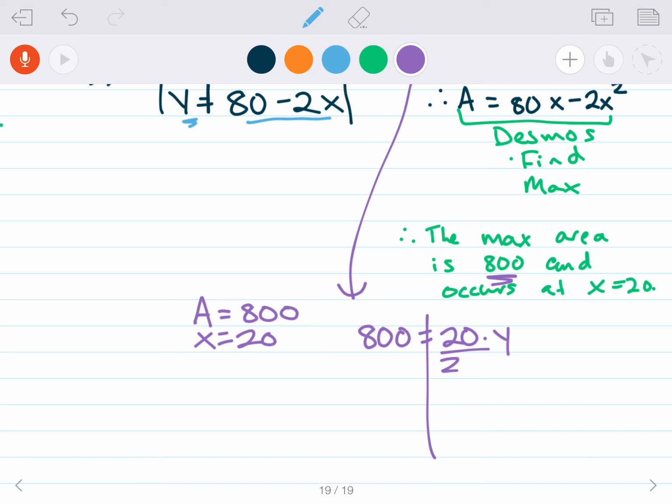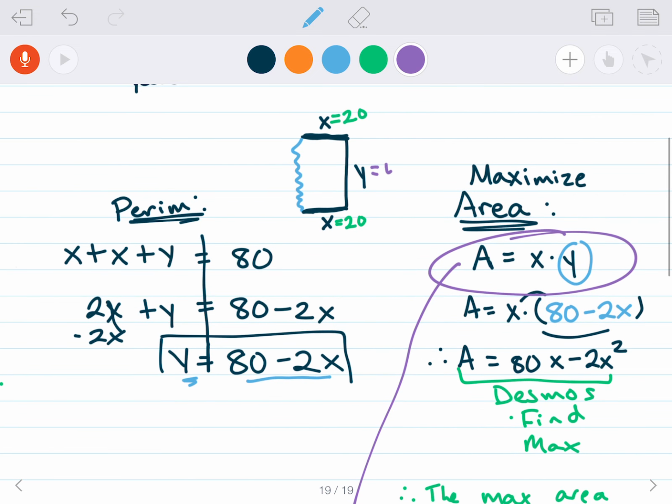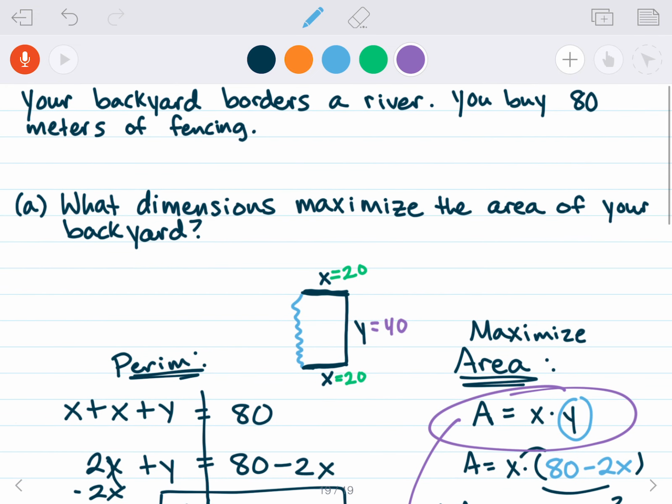So dividing both sides by 20, I get y equals 40, and so that is my missing dimension here. So my answer, the dimensions that maximize my backyard, is going to be 20 by 40. And that's my answer.